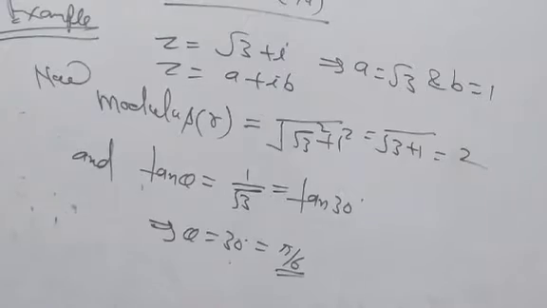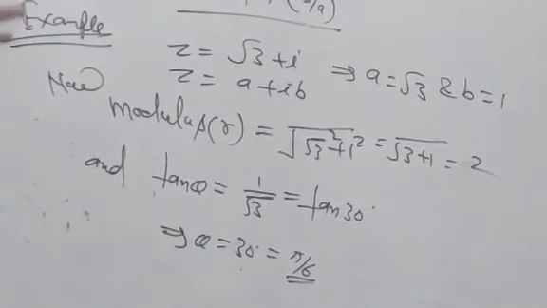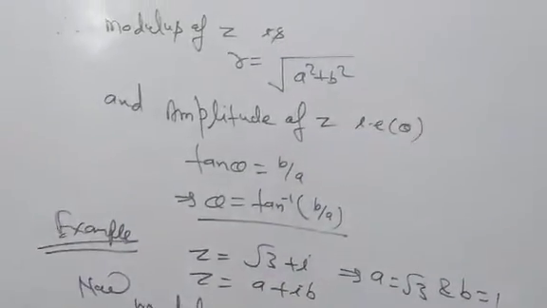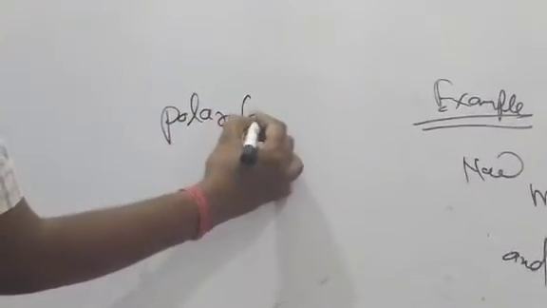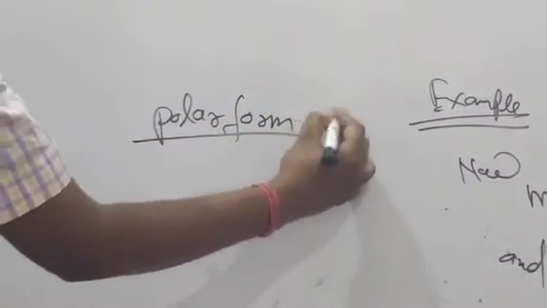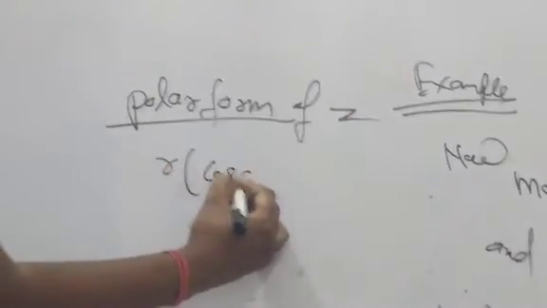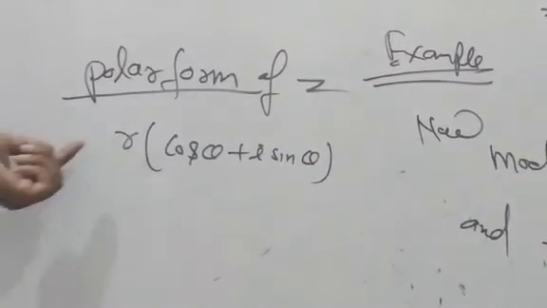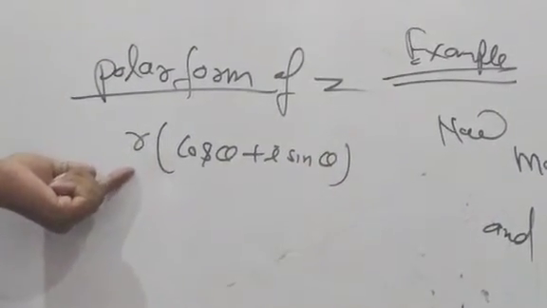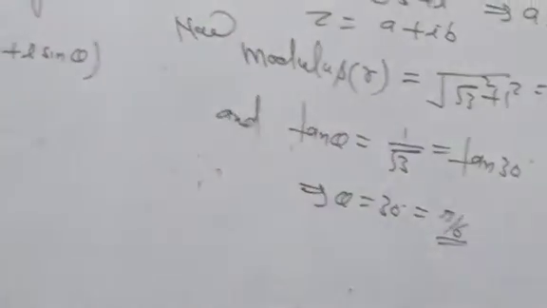Now how can we write the polar form of the given number? The polar form of a complex number z is r times cos theta plus i sin theta, where r is the modulus, the magnitude, that is 2, and theta is the amplitude.